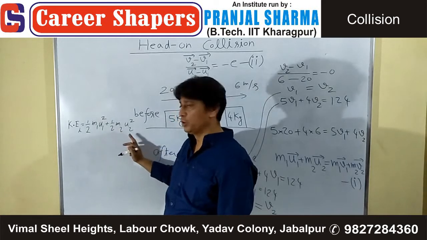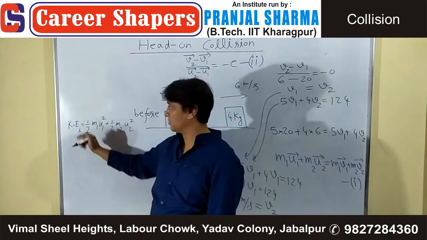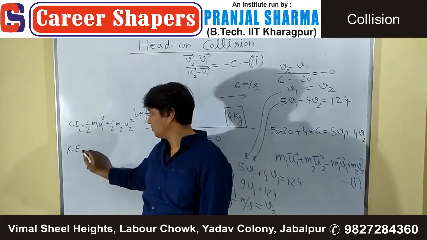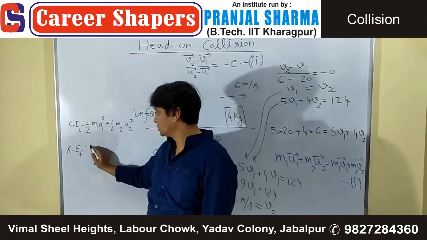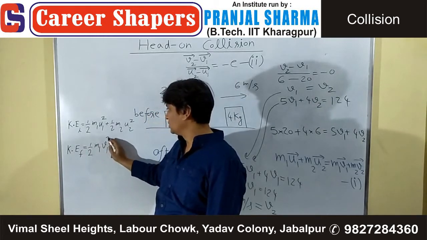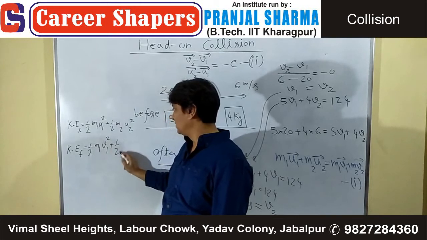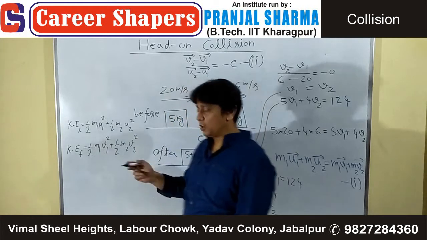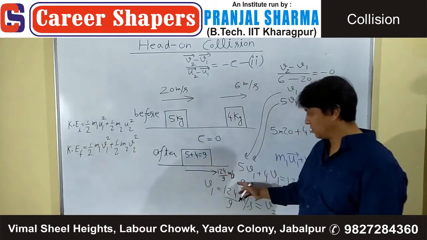Everything is known, you can calculate this. Final kinetic energy is half m1 v1 square plus half m2 v2 square, or you can directly take 9 kg multiplied by this.